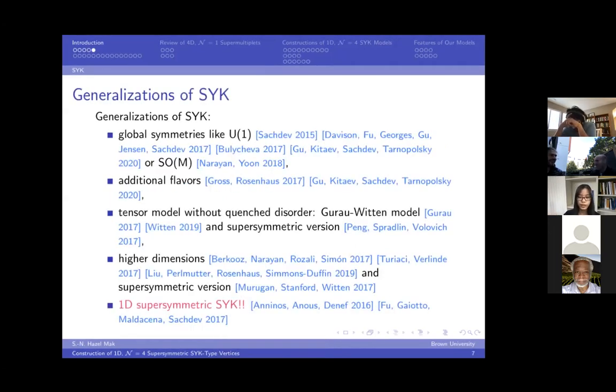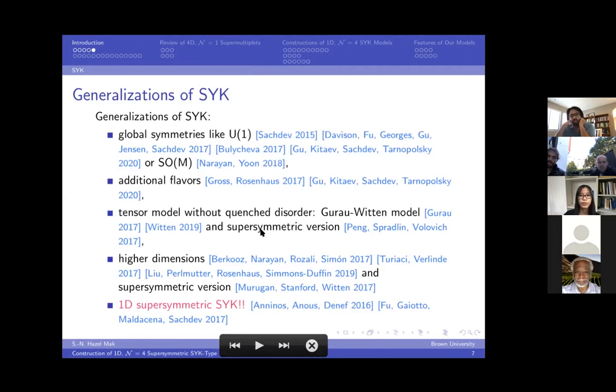Since the introduction of SYK models, there are actually a lot of generalizations of SYK. For example, you can throw in some global symmetries like U(1) or some SO symmetries, or you can introduce additional flavors. There is a version of a tensor model without quenched disorder, done by Gurau and Witten and some other people.